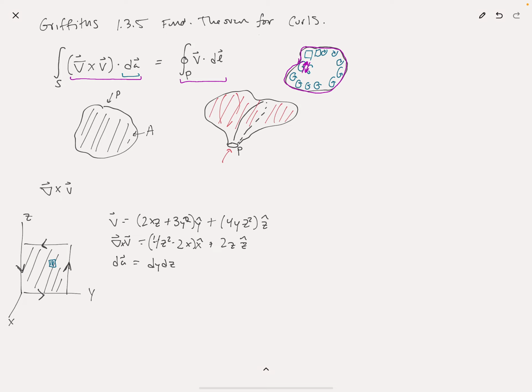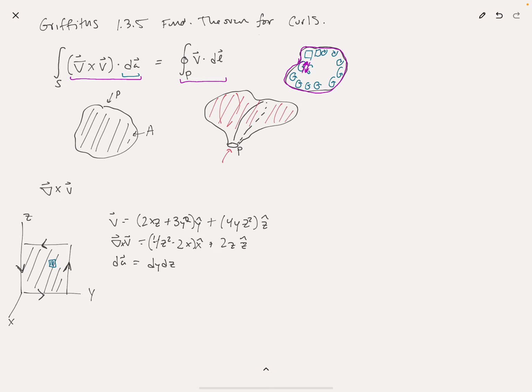Now I have a direction we need to figure out. Previously we had defined the direction for an infinitesimal surface vector to be pointed outwards. You can't define what outwards means in a case like this because this is a flat plane. But we're going to use the right-hand rule to pick a consistent direction for our choice of our surface vector.